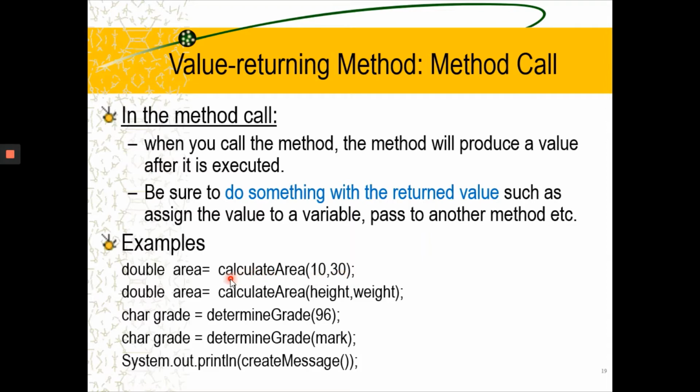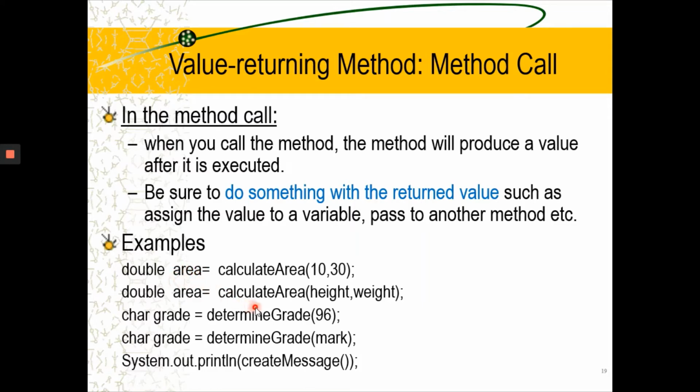This method call will call the method, and it will calculate the area and return some value, which is the area of, maybe, a rectangle. So the value returned by the method should be accepted by another variable here.